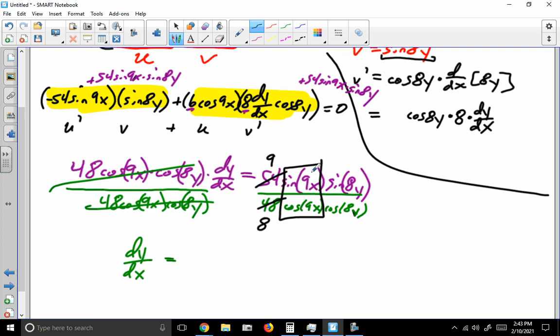As long as the inputs are the same, sine over cosine is tangent. So we could call that tangent 9x. Same thing here. Sine 8y over cosine 8y, that's tangent of 8y. And then out front we had a 9 over 8. So that's dy over dx.